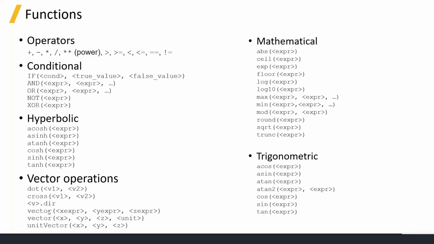We can get the absolute value later on, the magnitude. We can set up a vector as 3 expressions, where in this we would give each separate units. Or if we've got a common unit, we can use this for entry option, where we give the 3 components of the vector and then the common unit. Or we can give a unit vector. So we'll see some examples of that in the demo.